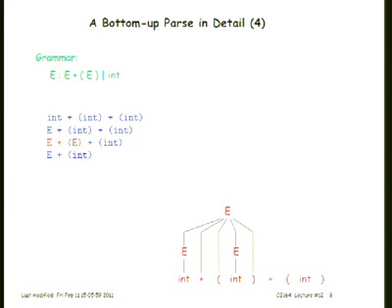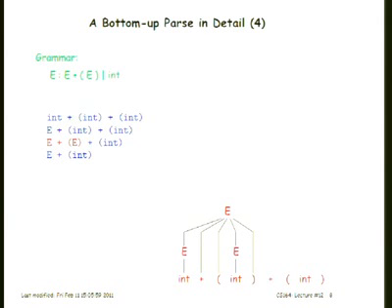So that is, we will see that this is a handle, the red E plus parenthesis E is a handle, and we'll turn that into an E. And we'll mark that over here in the tree by putting the E and giving me lines to all of the terminal and non-terminal symbols.